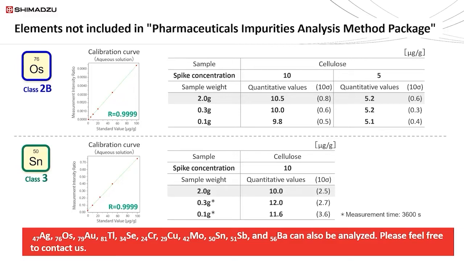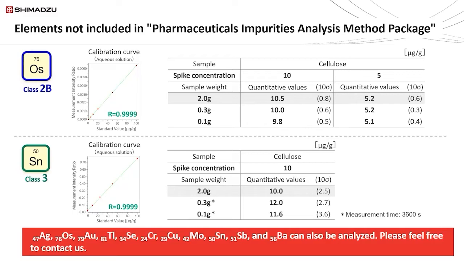pharmaceutical matrices. Okay, so for example, here's osmium and tin, class 2B and class 3 elements according to the ICH Q3D guidelines. And this data shows it was done by spiking in cellulose and using that spike and quantifying it against an aqueous solution calibration curve.